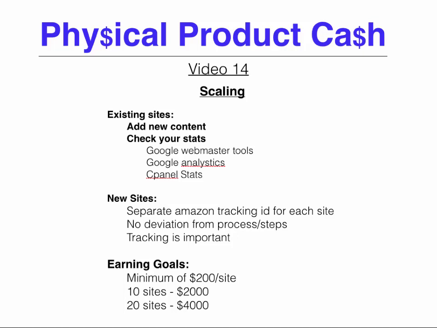And the third one is the stats available in your hosting cPanel, which is called AWStats. So you can go to the Google Webmaster Tool and see every month, or you can see for a 3 months or 6 months block, what are the keywords which are getting you the traffic.